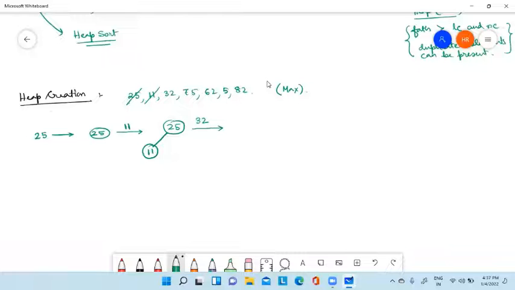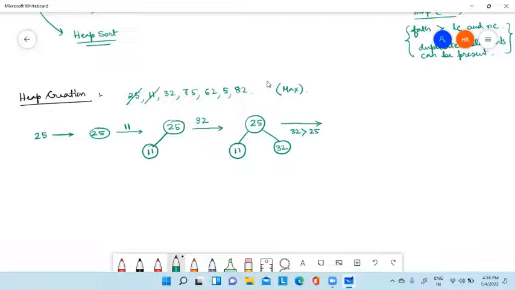First I will add it to make it a complete binary tree, so it should be added into this position. Now the next thing that I will check is whether it is satisfying the max heap property or not. Now see here, this right hand child is greater than its father, so you can write here that 32 is greater than 25.